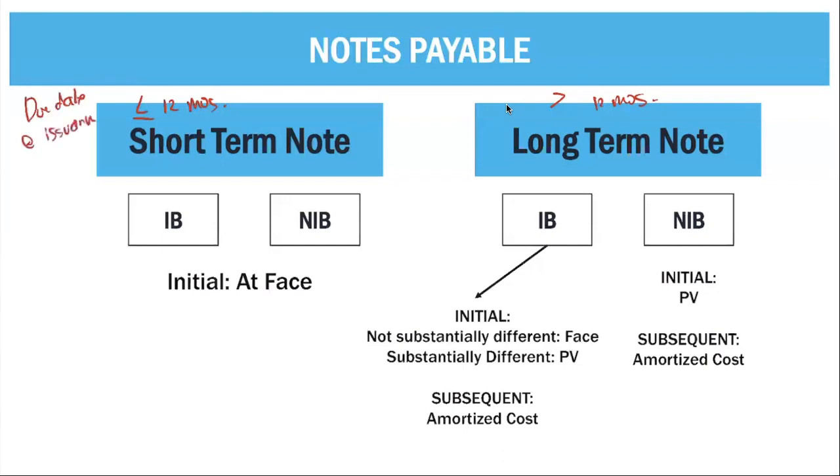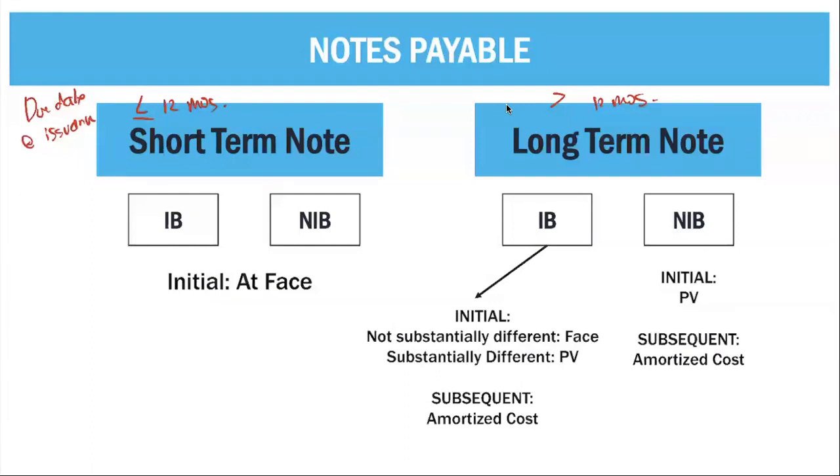So you check the due date at issuance, whether it is less than or equal to 12 months or greater than 12 months. So if at the time of issuance it is less than or equal to 12 months, then it is a short-term note. If that is a short-term note, it can either be interest-bearing or non-interest-bearing. When can we say again a note is interest-bearing?